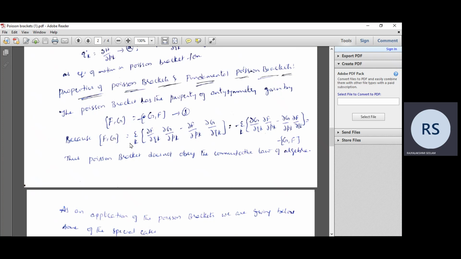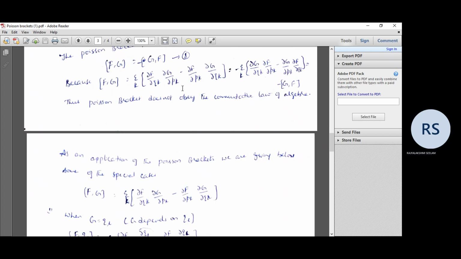Because f comma g, we can write as sigma k dou f by dou qk dou g by dou pk minus dou f by dou pk dou g by dou qk, which equals, if you write in minus g comma f, minus dou g by dou qk dou f by dou pk minus dou g by dou pk into dou f by dou qk, which equals minus g comma f. So thus the Poisson bracket does not obey the commutative law of algebra.